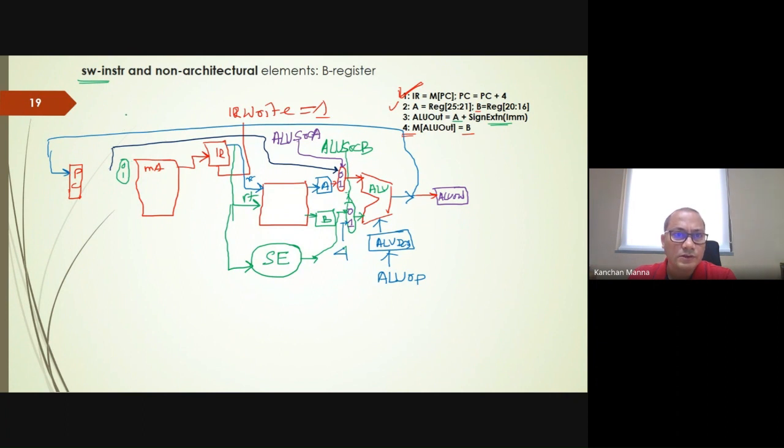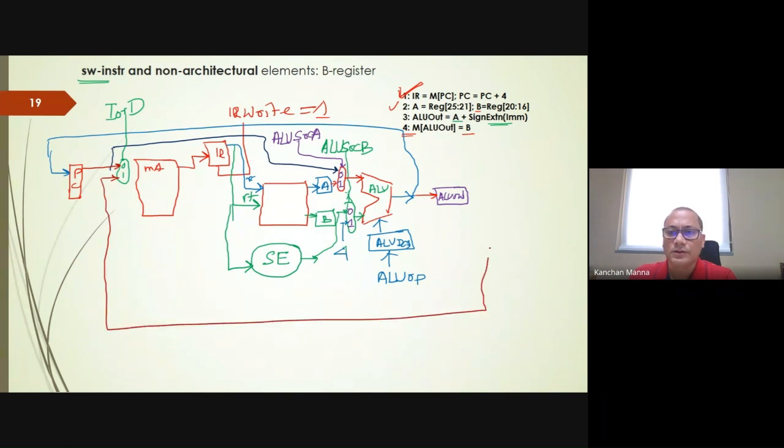And if you remember, this one would be I or D, instruction or data select. If it is PC, then it would be instruction, and if it is ALU out, then it would be data.